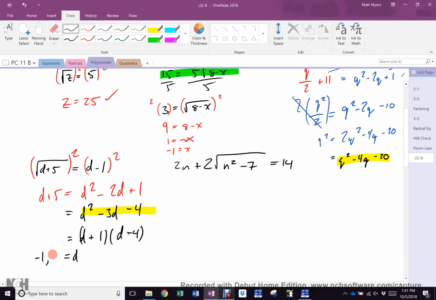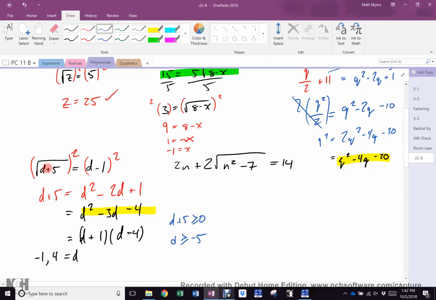Minus 1 or plus 4. Now, let's check. D plus 5 has to be greater than or equal to 0. D has to be greater than or equal to negative 5. Are both of them greater than or equal to negative 5? Yeah. We're in trouble. Both of them might work. So we better check them both.